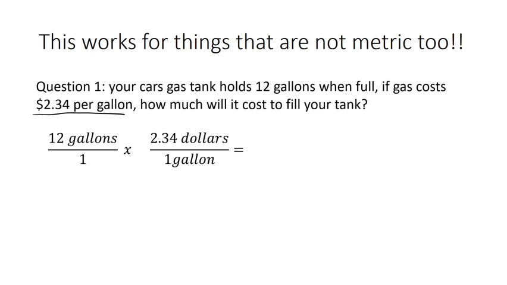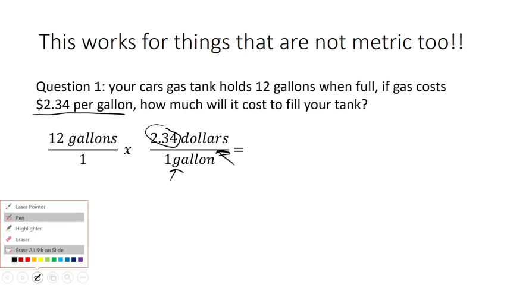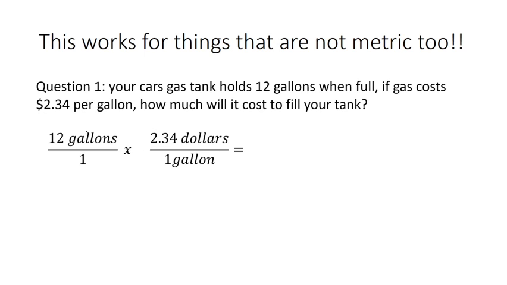Anytime you see the word per, you can think of fraction. $2.34 per, fraction, 1 gallon. And then we just do the math. 12 divided by 1 times 2.34 divided by 1, which basically works out to 12 times 2.34, which is 28.08.